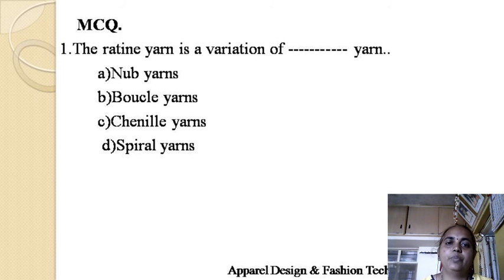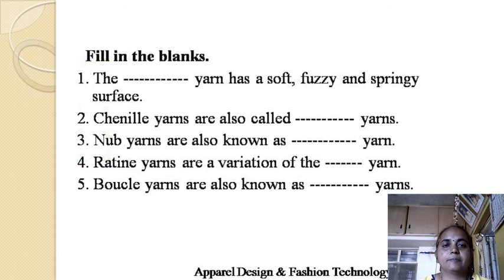Nub, no. Boucle, no. Chenille, no. Last answer is spiral. So, the spiral is the right answer. That is, the rattan is a variation of the spiral yarn. The answers: for the first question option C, for the second option C, for the third question option D is the right answers.